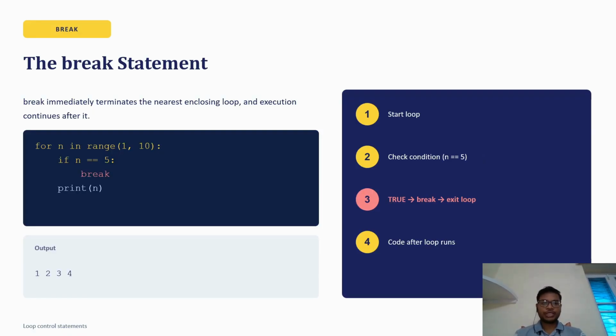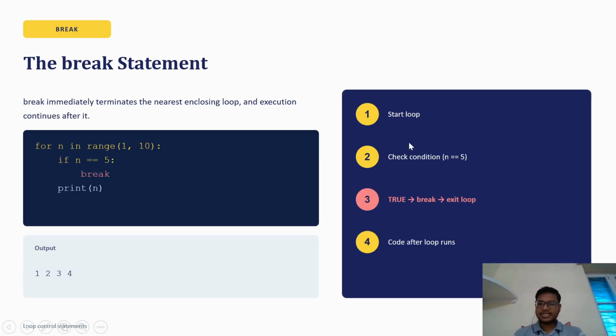Let's move forward and talk one by one about these control statements. First of all, we have to deal with the break statement and how it works. Break immediately terminates the nearest enclosing loop, and execution continues after it.